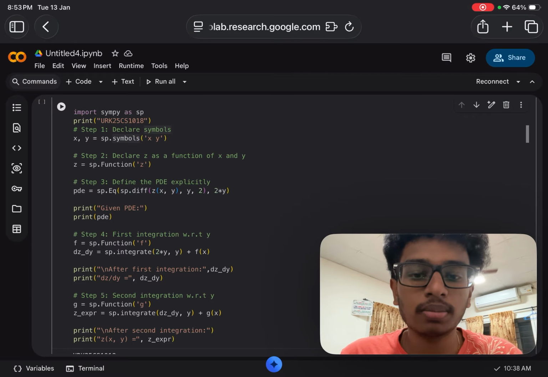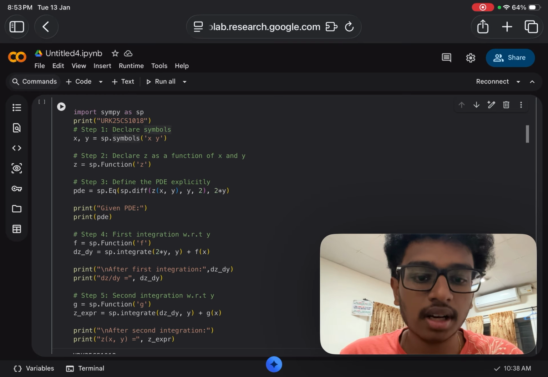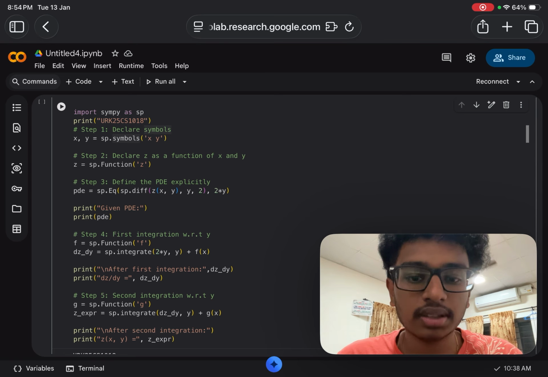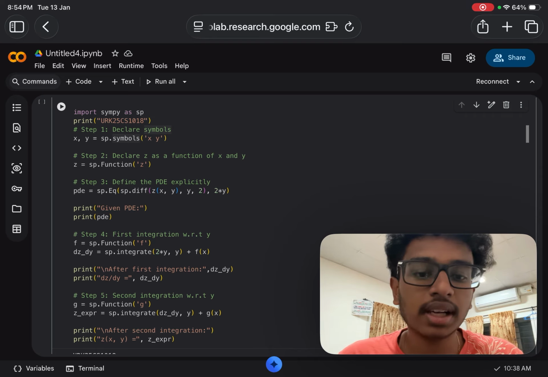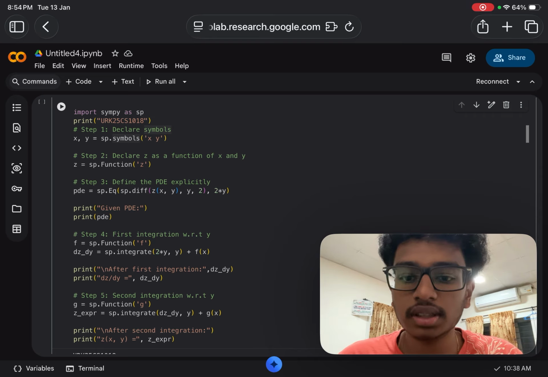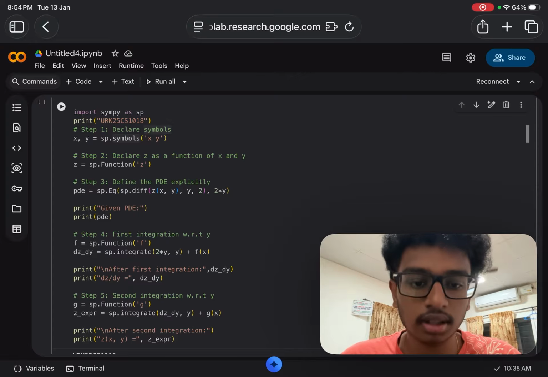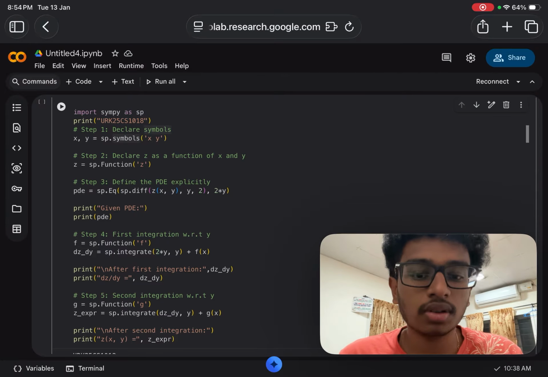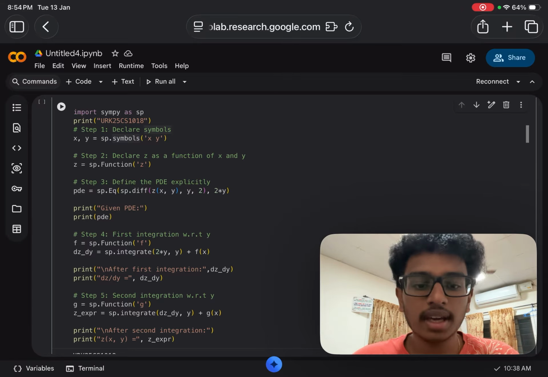In this Python program, first we import SymPy using import sympy as sp, and then we declare the symbols x and y using x, y = sp.symbols('x y'). After that, we declare z as a mathematical function using z = sp.Function('z'), and this allows SymPy to understand that z is dependent on both x and y.